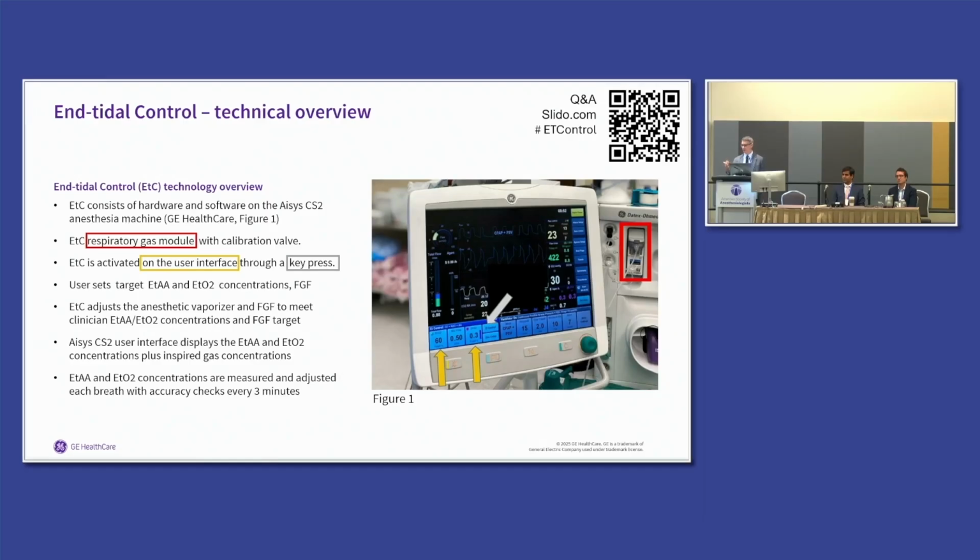The way I describe it to some of my colleagues is you think about end tidal control as if you're putting one of your trusted colleagues next to you at the head of the bed, and you tell that person, maintain fresh gas flow, oxygen, and anesthetic the entire case. Focus on nothing else than that and keep it at these target levels. That's what the software does for the clinician.